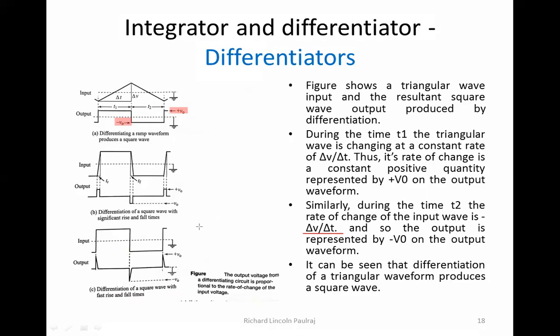So let us look at this diagram here, right? You have the input signal, and this is the TF, which is the feedback. So differentiation of a square wave with a significant rise and fall time. So TF is your fall time. You can see that there's a small change here.